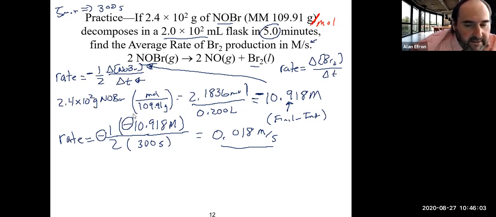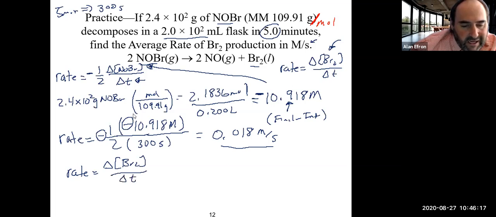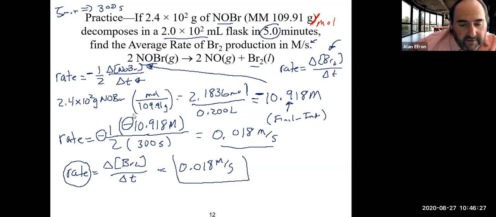We do want to relate it to our Br2, which is what we're looking for. And we see that the rate for Br2 is equal to the change in concentration of Br2 over the change in time, which means we just calculated the rate a second ago, which means that that would also be the answer for how much Br2 is being made over time.